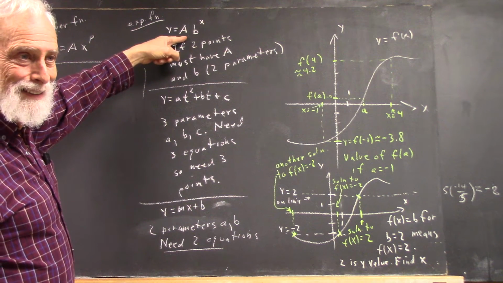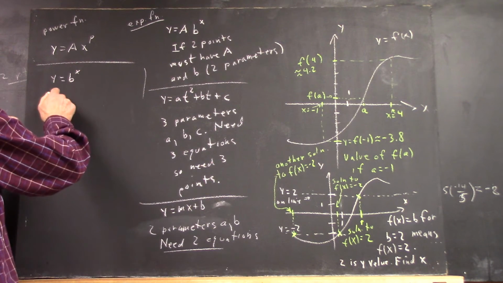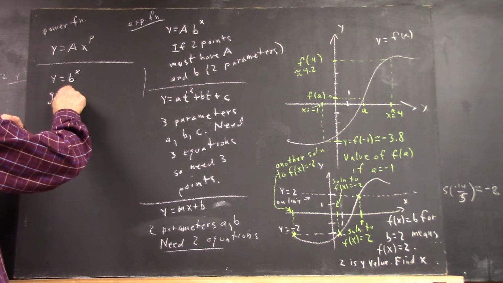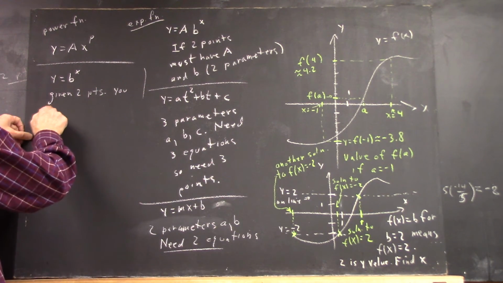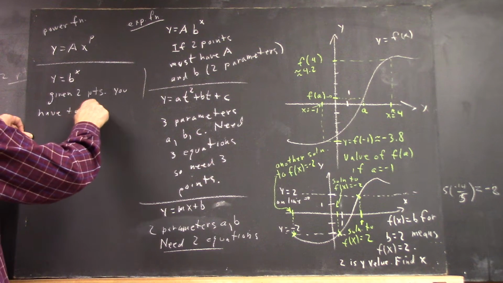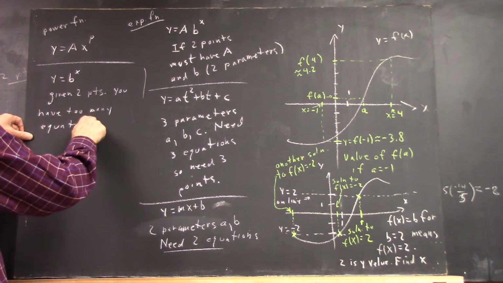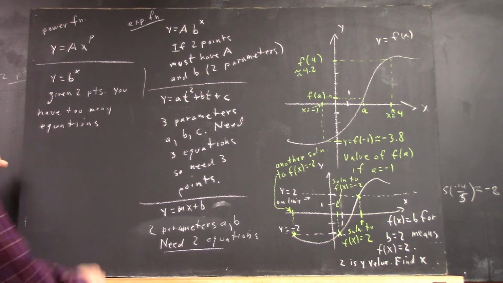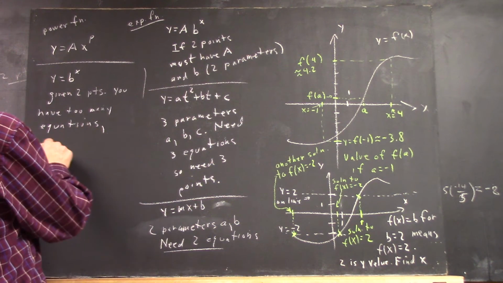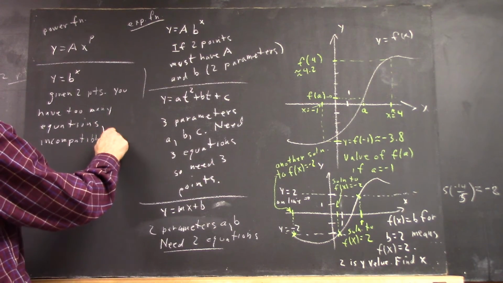If you got y equals just b to the x, and I gave you 2 points, you'd have too many equations, with incompatible solutions.